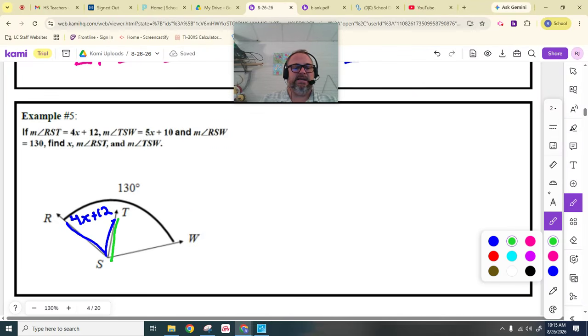TSW is 5x plus 10. And it says the big angle is 130 degrees. Find x, measure RST, measure this. Now, like you had on your test, and the practice test, and the notes and check on learning before, you will have a box to put all that stuff in. All right, so we would set this up.